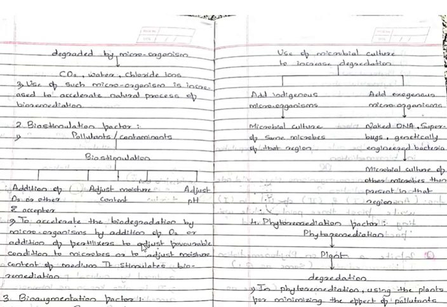In biostimulation, the pollutants or contaminants are biostimulated by the addition of oxygen or other electron acceptors, adjustment of moisture content, and adjusting the pH. This accelerates biodegradation by the microorganisms through the addition of oxygen or fertilizers to adjust favorable conditions for microbes, or to adjust the moisture content of the medium, and it stimulates bioremediation.